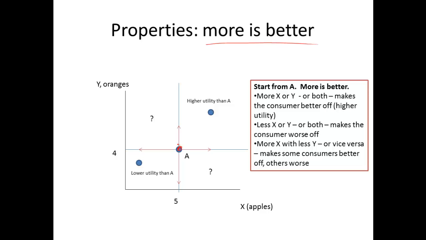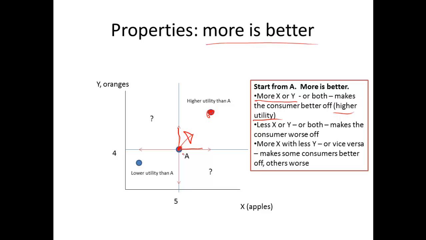So let's start from A, because more is better, having either more of good X, going this way, or more of good Y, going this way, or both, going this way, is going to make the consumer better off, meaning he or she would have higher utility. Why? Because more is better, and if I have more stuff at a point like this than I had at a point like this, then I'm better off at a point like this than at a point like this.